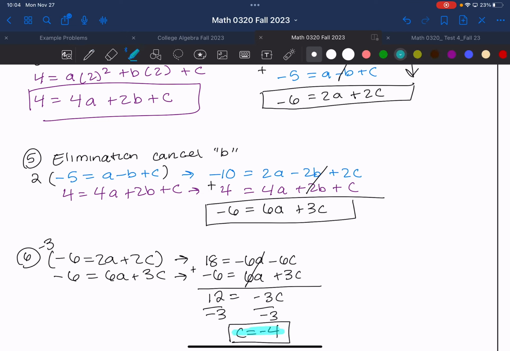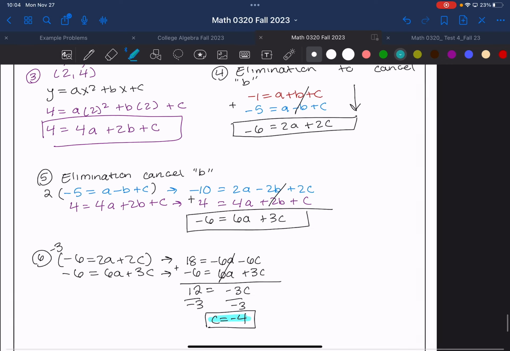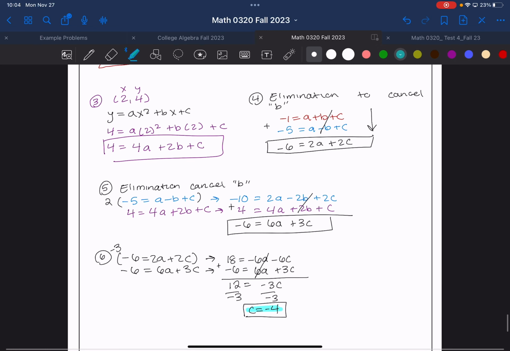Okay, so I found one part of my answer. Now I need to find A, and then I need to find B. Since I already know C, is there any equation up here that I could use to find another variable?